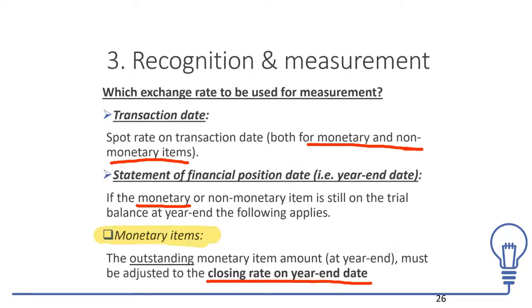The important part is to remeasure all the monetary items, right? That's very critically important.